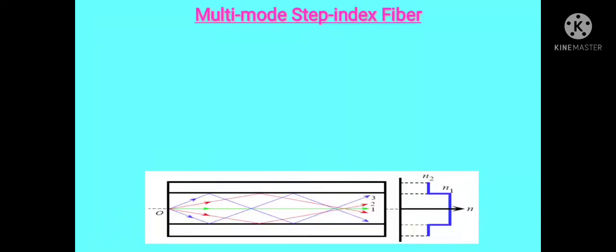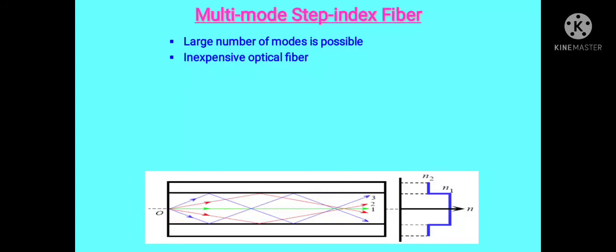Now let's discuss a few main points about multi-mode step index fiber. Here a large number of modes is possible. That means many rays can pass through it. This optical fiber is inexpensive as compared to other optical fibers. It is easy to couple light in and out of this fiber.